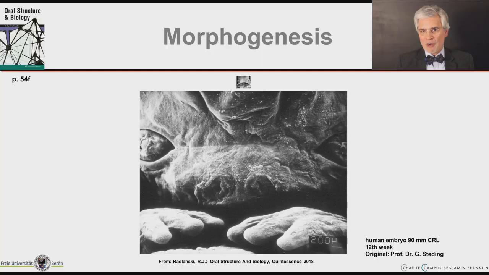Another aspect that is even more important. Look where the thumbs of this embryo are. Both thumbs are sticking in the oral cavity that has just been formed. And since there is not that much space in the womb anyway, the hands are resting on that voluminous belly, and the lips and the cheeks and also the tongue did just grow around the thumbs in the mouth.